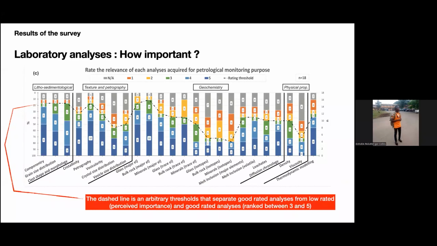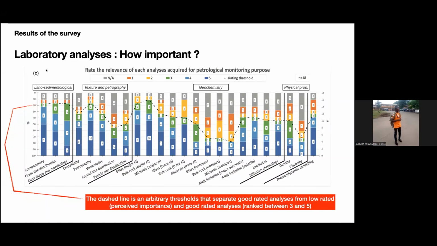I was waiting for us to say that after petrological monitoring we could deduce how the eruption is going to be in the next time, maybe whether we will continue to have an effusive eruption or an explosive eruption, but I didn't understand that.